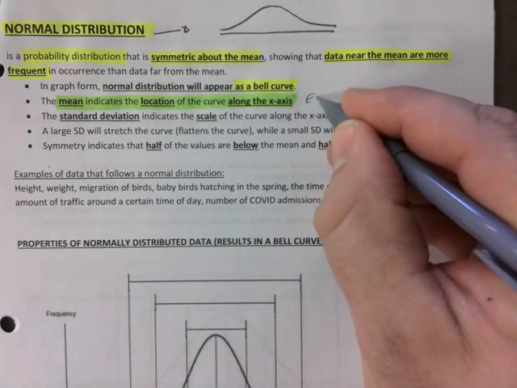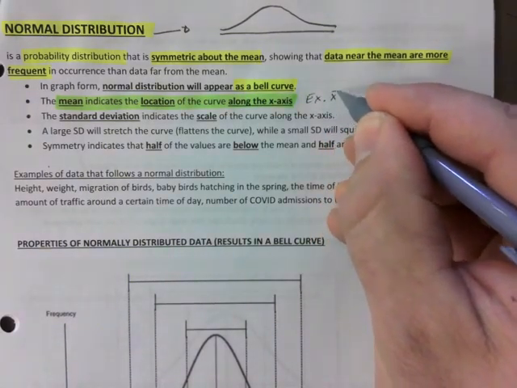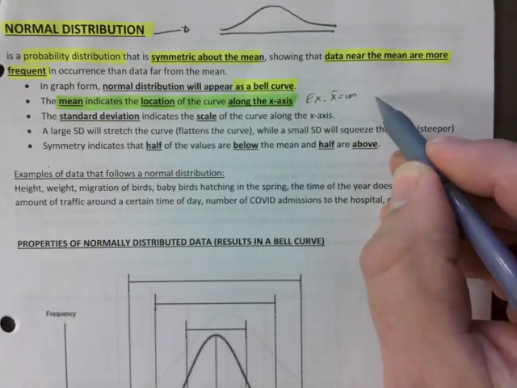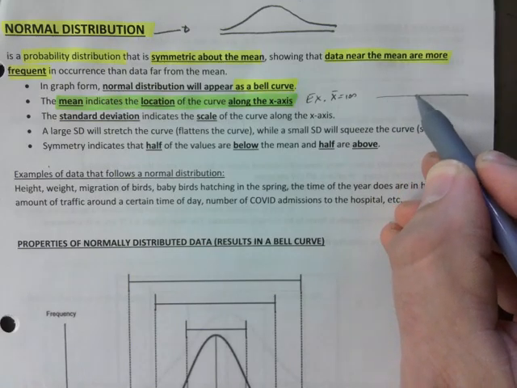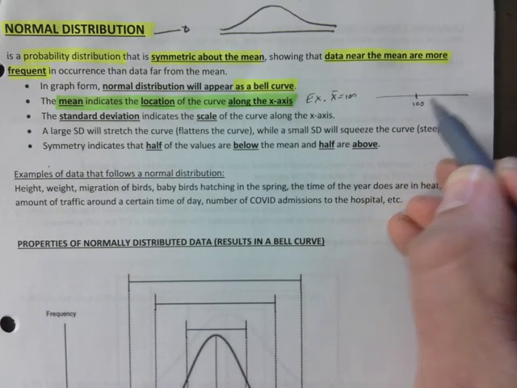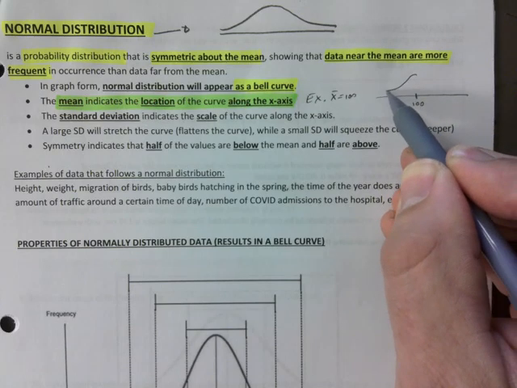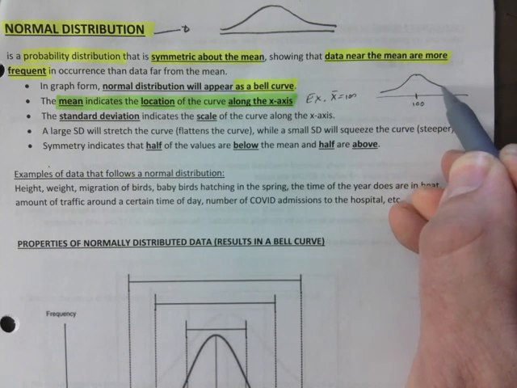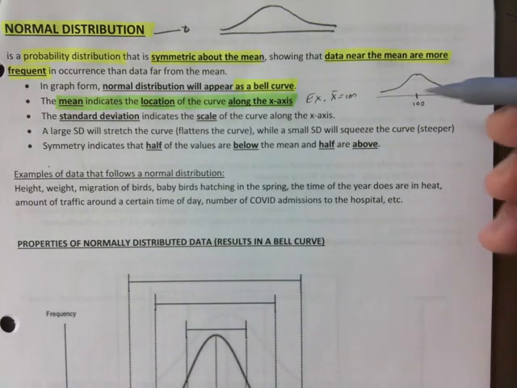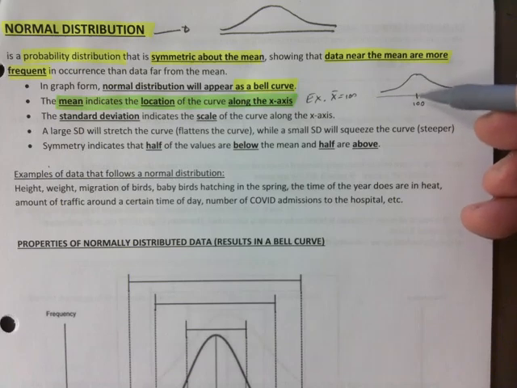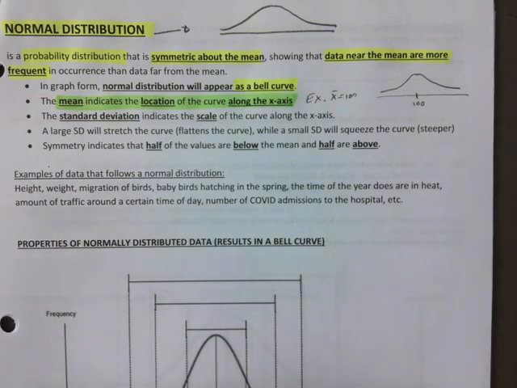So for example, if your mean is 100, then if you go up the x-axis, you picture 100, and your bell curve is going to be situated around the 100. Okay, so 100 is like the peak where most of my data tends to gravitate, and then it tapers off towards either end.